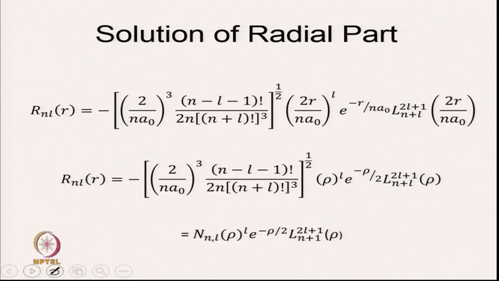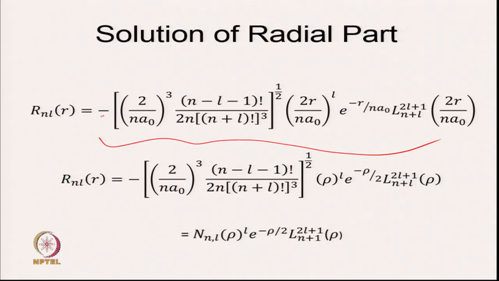The solution is given here. This is quite a big term, but this is the solution, and I will show you how to get the solution for L is equal to 0 or L is equal to 1 from this.